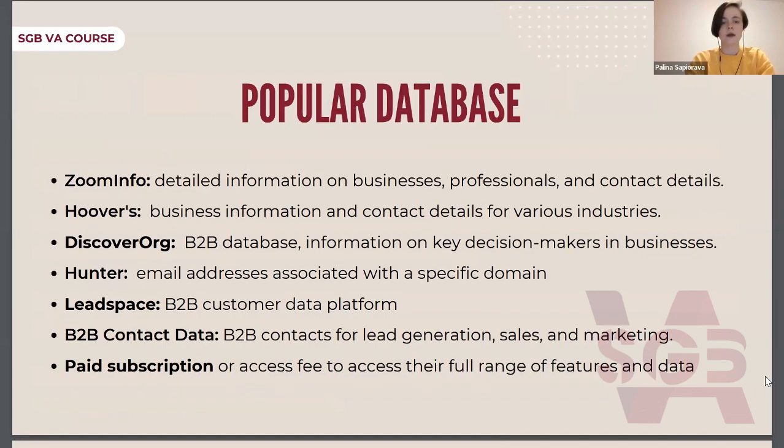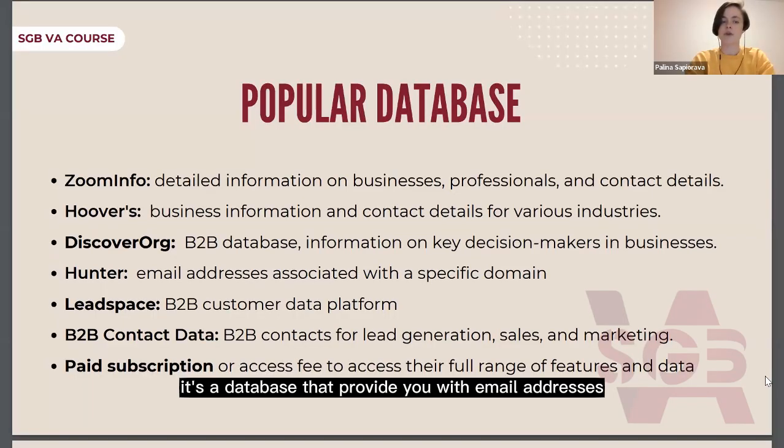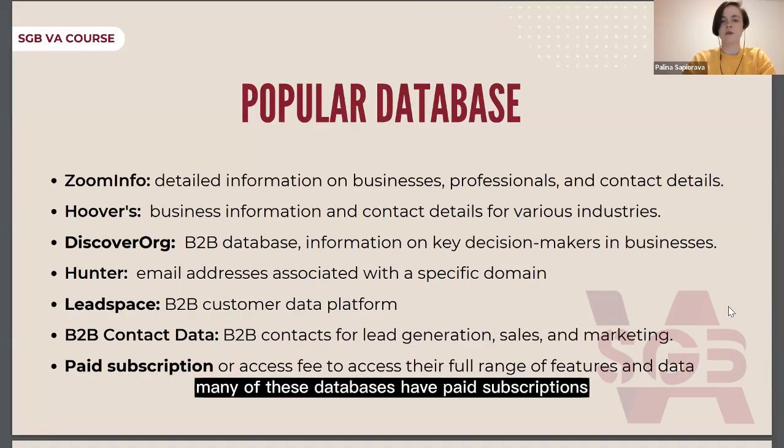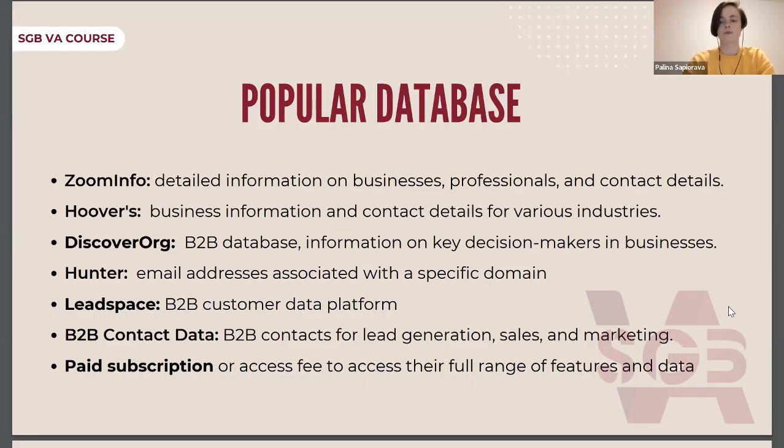Hunter, a database that provides you with email addresses. Leadspace, a B2B customer data platform. Then B2B contact data that has contacts for lead generation, sales, and marketing. And of course, many of these databases have paid subscriptions that provide you with more options.